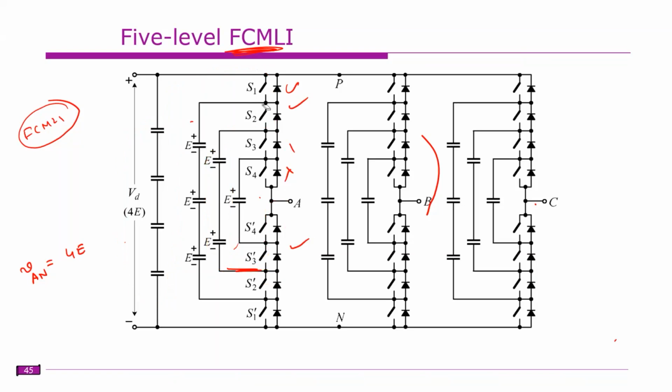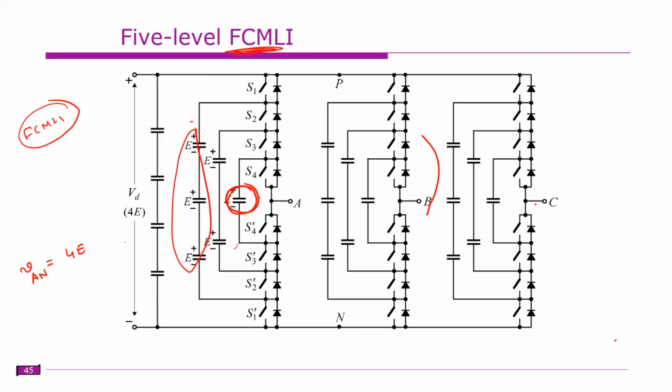Similarly, we have 3E here, and this is E, right? Now if you want 3E minus E, which switches do you need to turn on? S2 and S3?